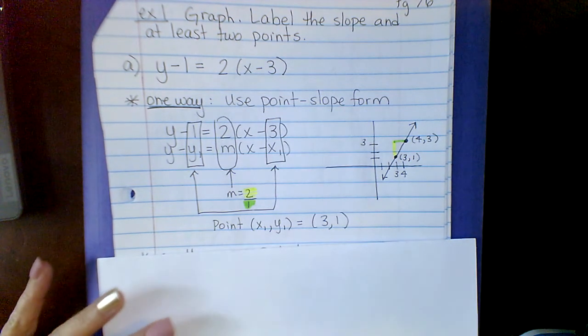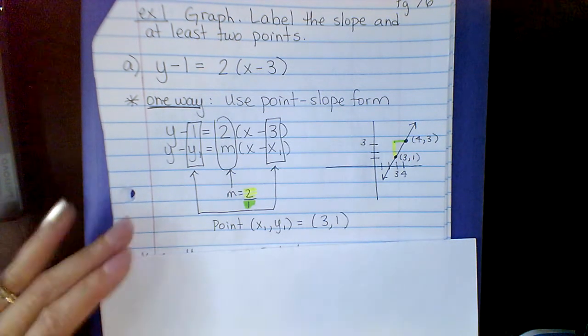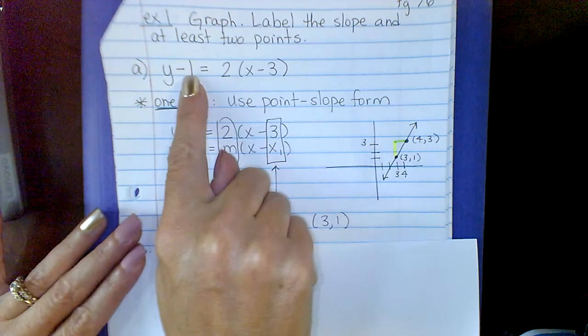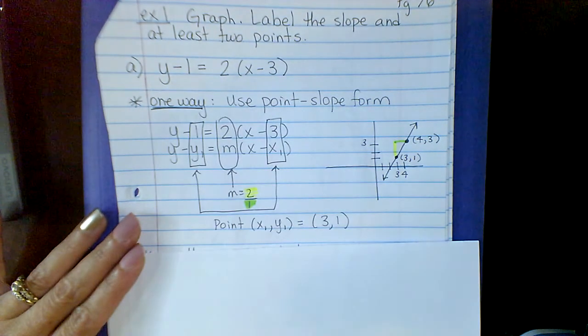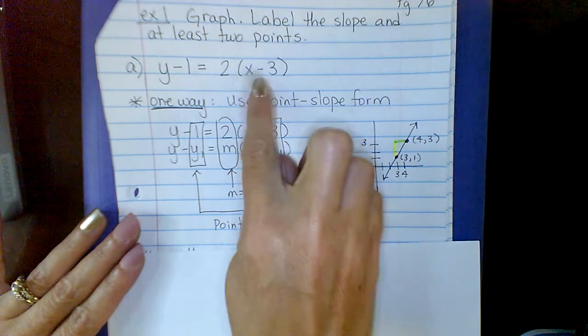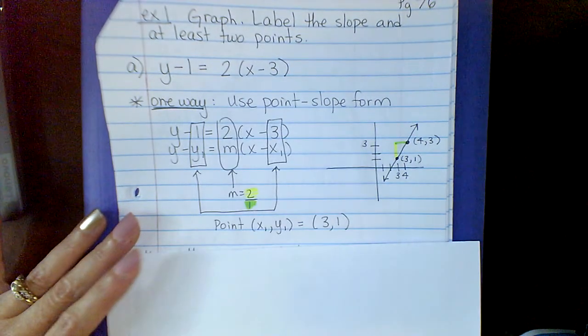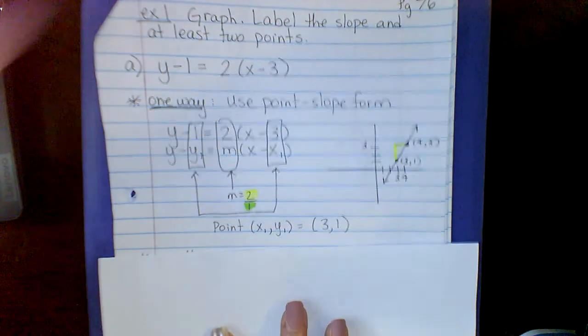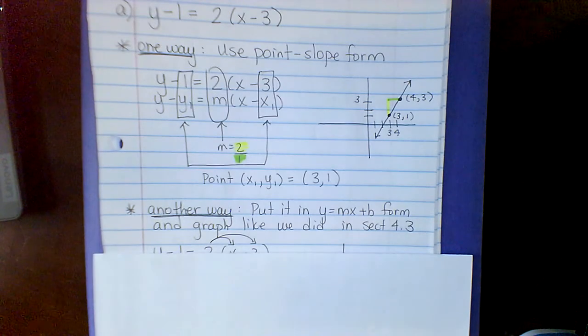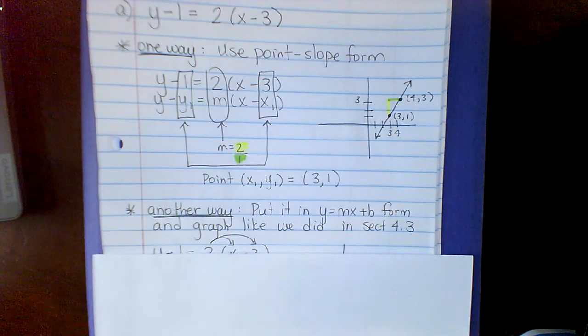Now, I'm not a big fan of this because the point-slope form has these minuses in there. I feel like it's really confusing for students. I feel like they're going to make a mistake and say that the x value is negative 3 and the y value is negative 1, which is going to mess everything up. So, my suggestion is just don't use the point-slope form.